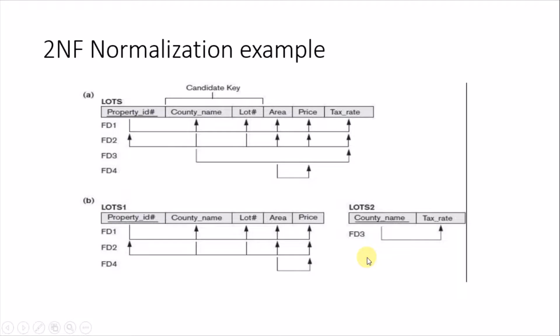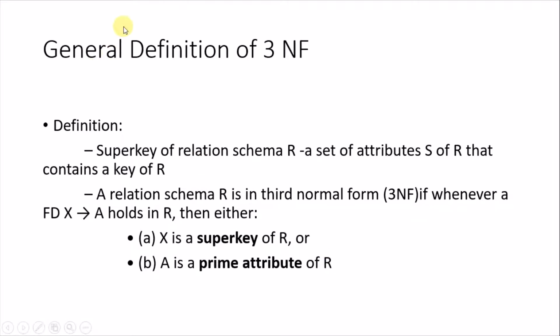A super key of relation schema R is a set of attributes S of R that contains a key of R. The general definition of 3NF says that a relation schema R is in third normal form if whenever a functional dependency X to A holds in R, then either X is a super key or A is a prime attribute of R.